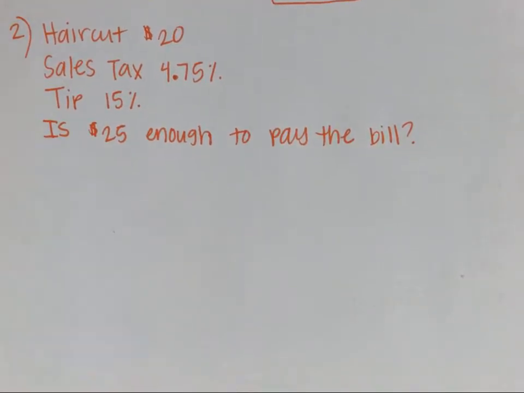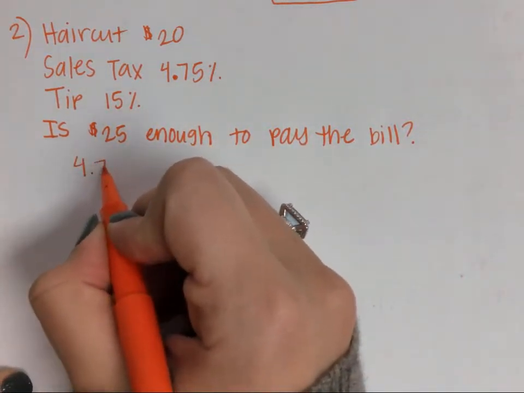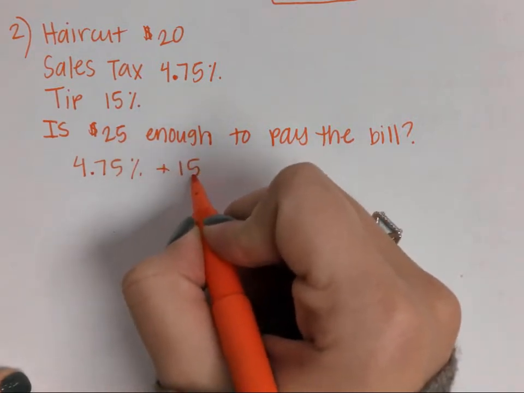So I've got two different percents. I've got a 4.75% sales tax, and then I've got a 15% tip. I want to add those together so that I can find what the tip and tax is going to be. So I just want to add 4.75% and 15%.